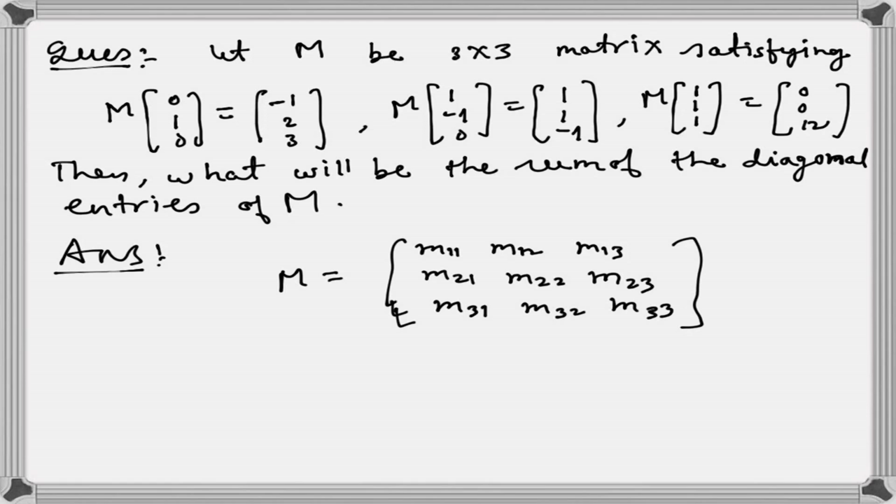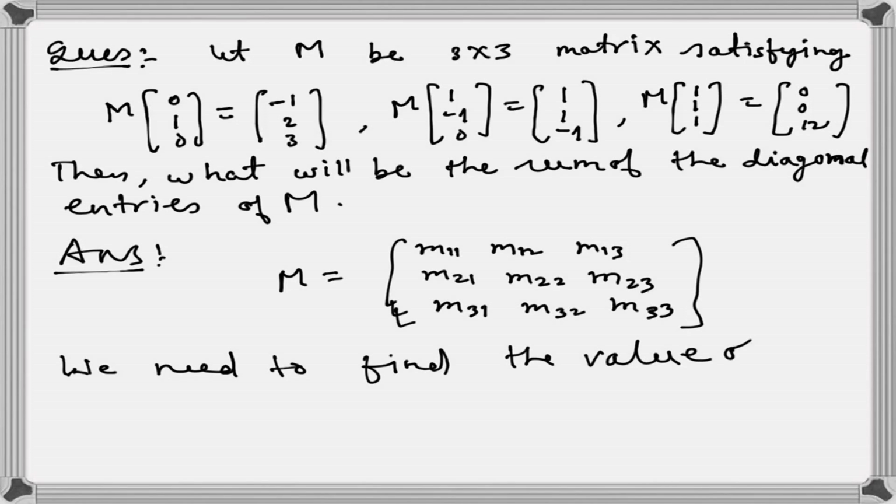Suppose M is given by this. Then we need to find the value of M11 plus M22 plus M33. Okay, so let's see how to do that.